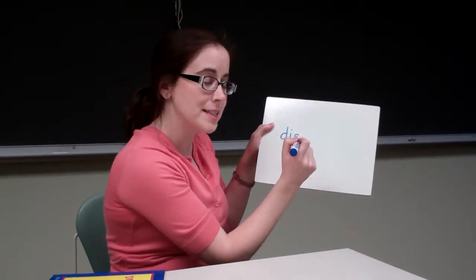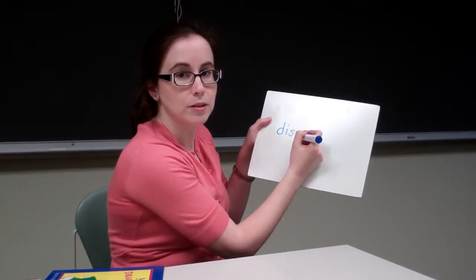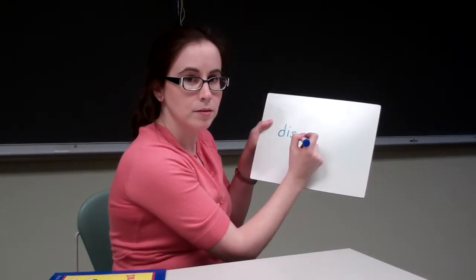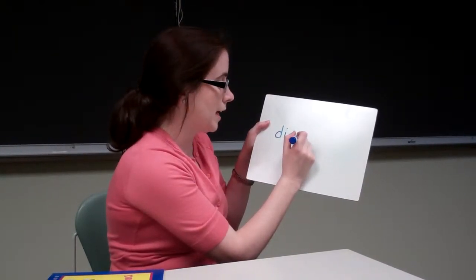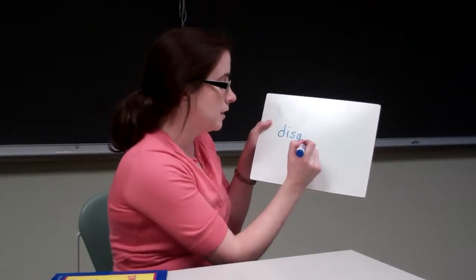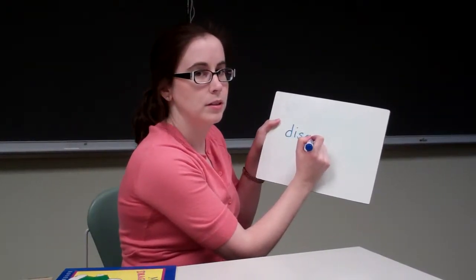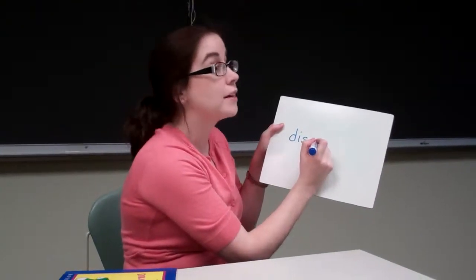Now we're on to the second part of disgusting. It's the G sound. Does anyone know what letter makes the G sound? It is a lowercase g. Now we're ready for the next letter. It makes the uh sound. Does anyone know what letter that is? An I. You know what, Heather?